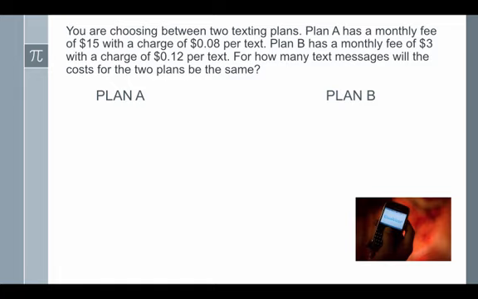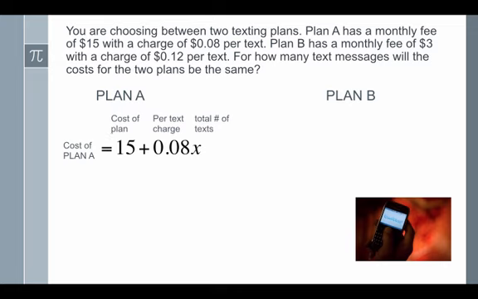So let's think about this. Plan A has a monthly fee of $15 with a charge of 8 cents per text. Plan B has a monthly fee of $3 with a charge of 12 cents per text. For how many text messages will the cost for the two plans be the same? So the cost of Plan A is $15 plus 8 cents per text.